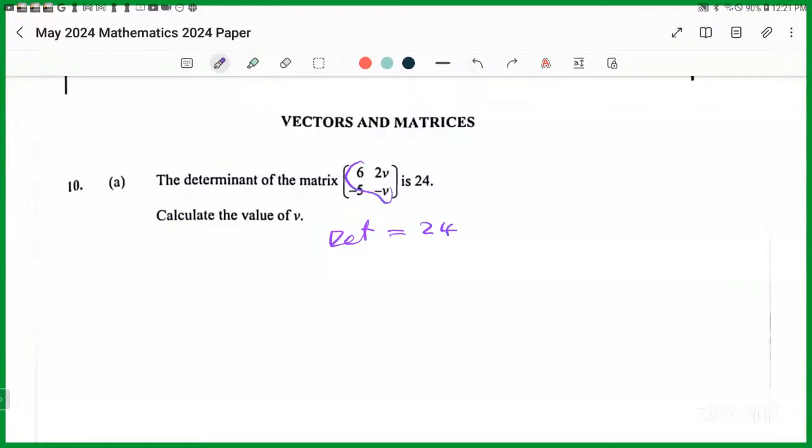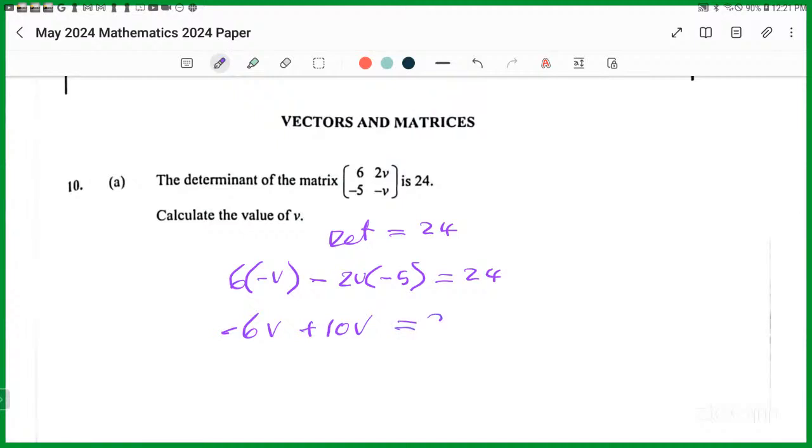This product, which is 6 times negative V, minus this product, which is 2V times minus 5, is equal to 24. This is negative 6V. Minus and minus make a plus. Minus times minus becomes a plus. The 2 times 5 is 10, so it's plus 10V equal to 24.